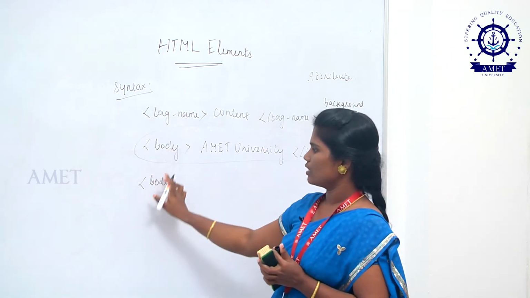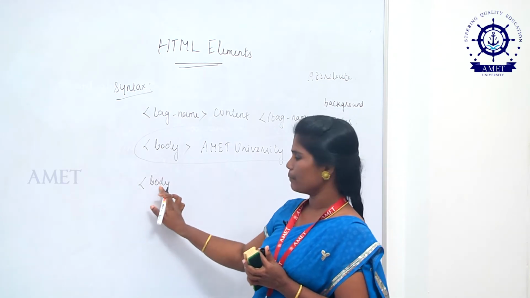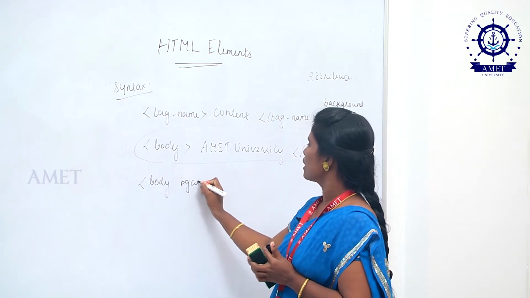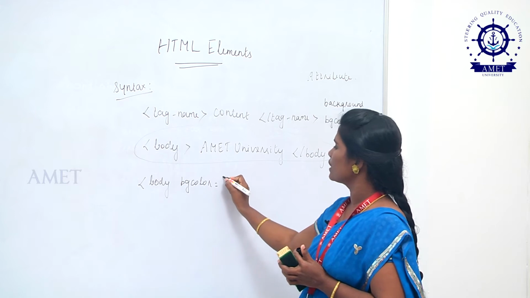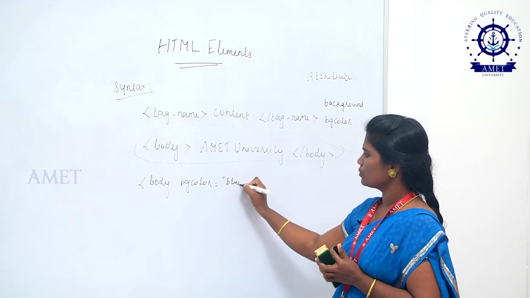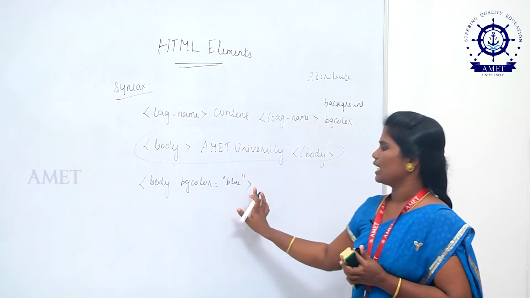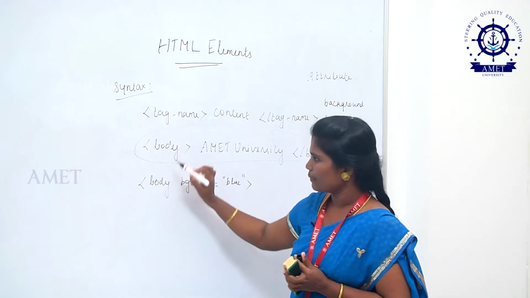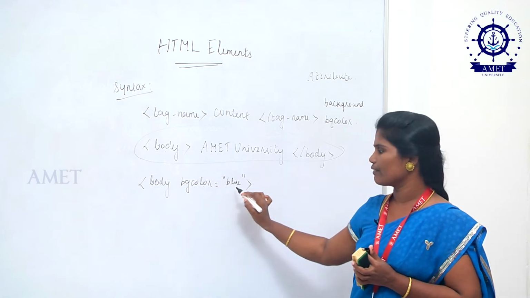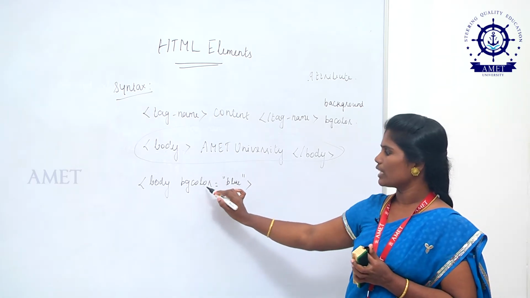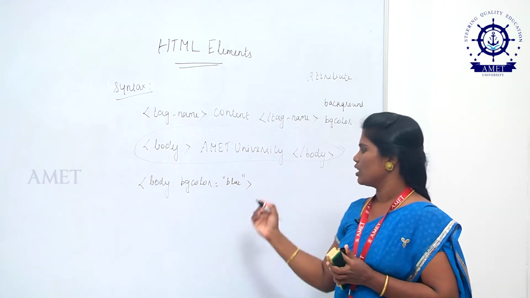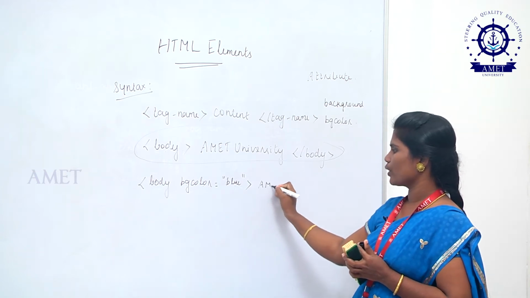Just write your open tag, tag name, then give one space, use the attribute name, BG color equal to, within double quotes, just mention the attribute value, then close the angular bracket. Actually this is the start tag. Inside the start tag I have used the attribute called BG color. What is the color I have given here? Blue. So the background color will be blue. The blue color will be applied on the background of your web page. Then as usual you can give the content whatever you want.